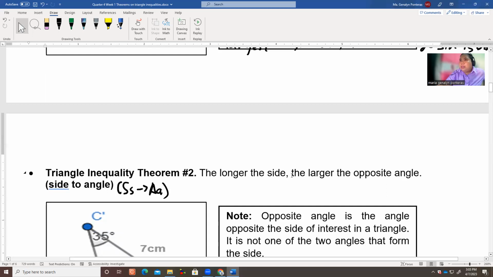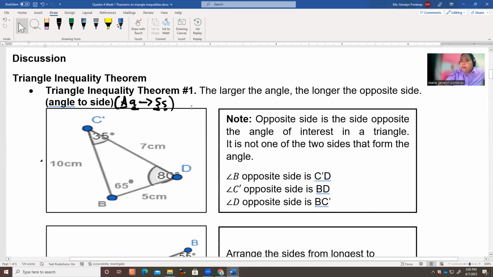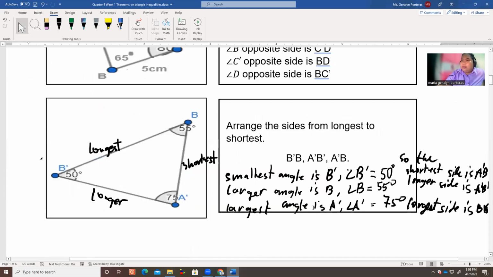And vice versa, kung meron tayong smallest side, ang opposite angle niya is the smallest angle. Then sa inequality theorem number 1, if we have the largest angle, ang opposite side niya is the longest side. If we have the smallest angle, the opposite side is the smallest side.